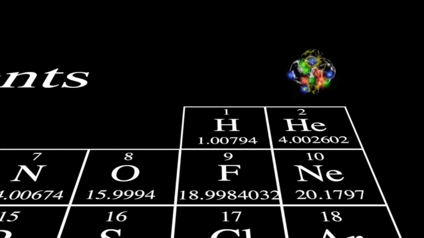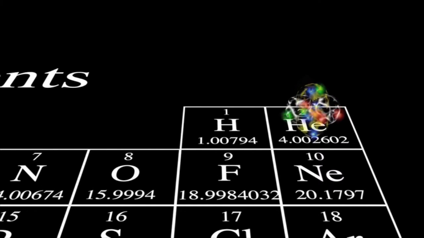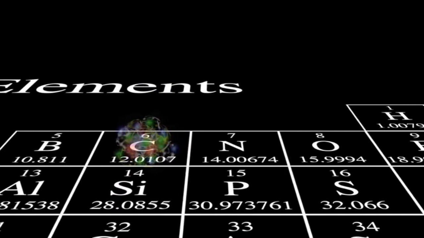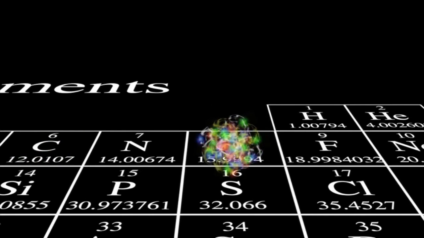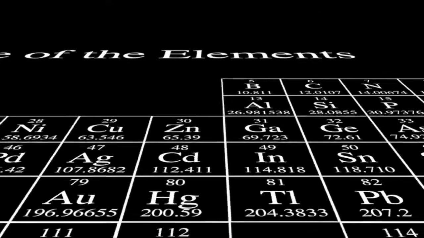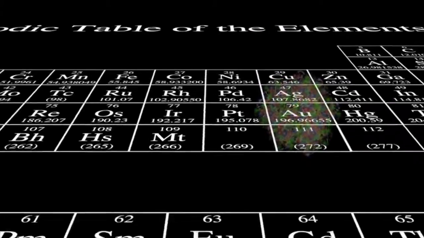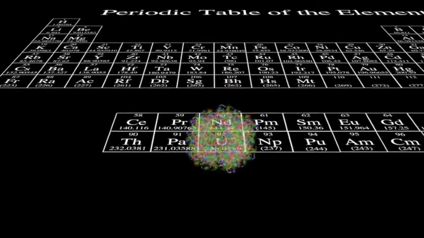Two form helium. 6 carbon. 8 oxygen. 79 is gold. And 92 is uranium.